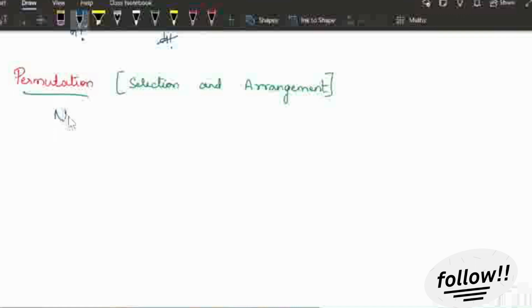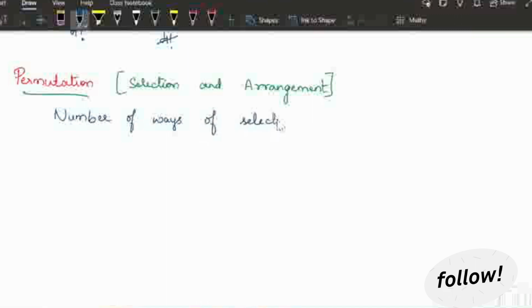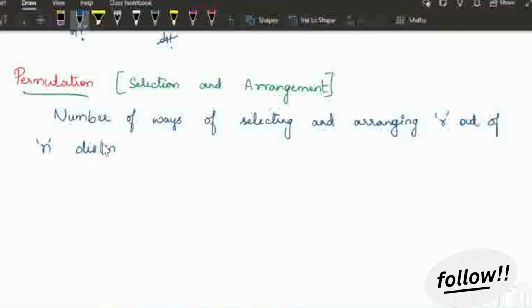So, number of ways, please write down this definition: number of ways of selecting and arranging r objects out of n distinct objects is called a permutation.